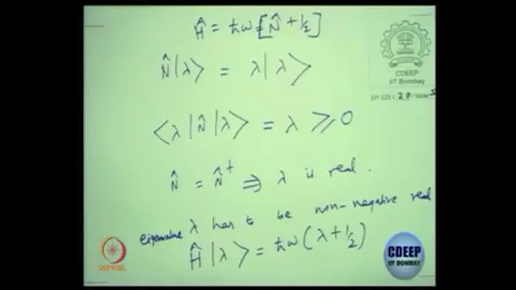We need to figure out why lambda has to be integers. Is that correct? I have not yet proved for you that lambda is an integer. I only said from this algebra, introducing the ladder operators, that lambda has to be non-negative, and real. You still need to prove that lambda is an integer. We'll do that.